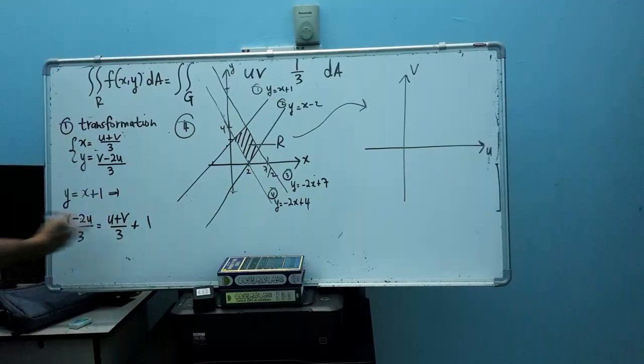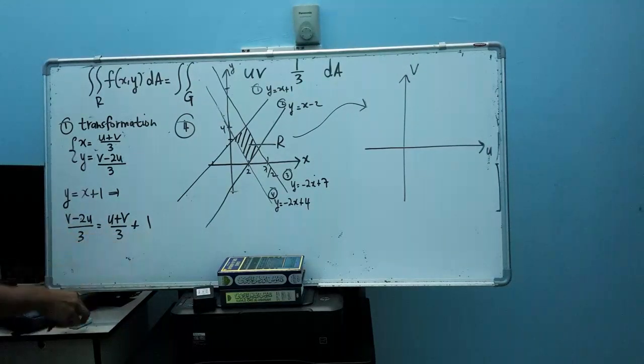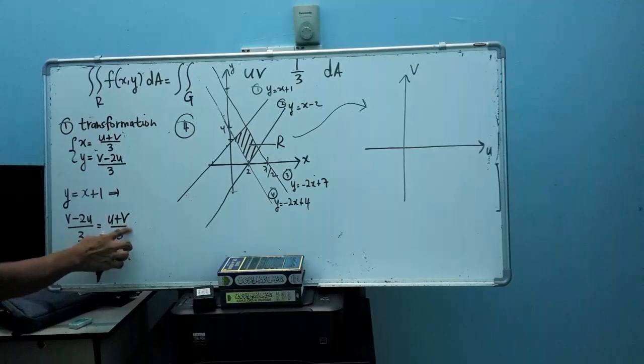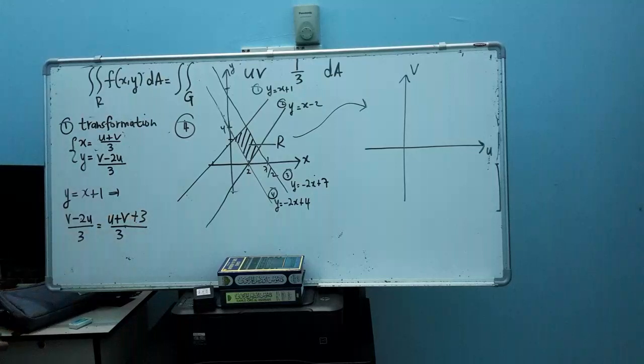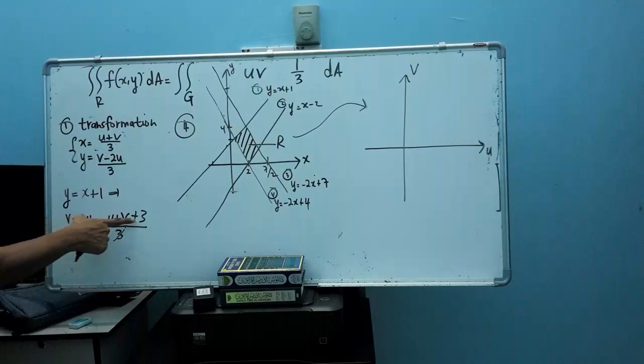What will be my final answer here? Because we can multiply by 3 here, I will cancel the 3, so now I will have v minus 2u equals u plus v plus 3.